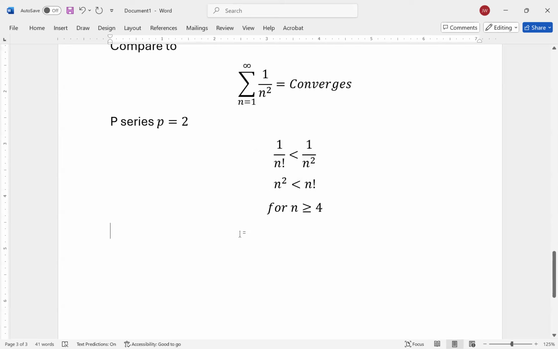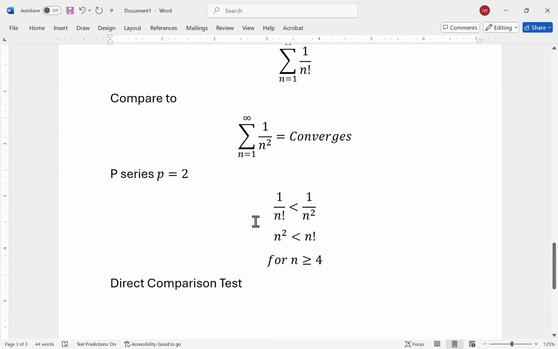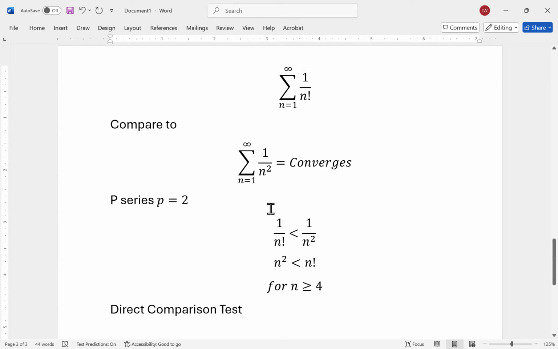Now I'm ready for my direct comparison test. I'm using these terms, which are all positive terms. I should have pointed that out. All of these terms are positive. In my previous example, they were all positive as well, where I know the sum of the bigger terms converges.